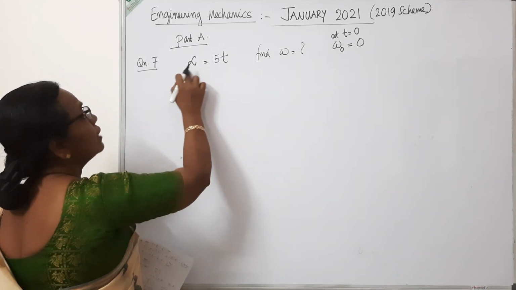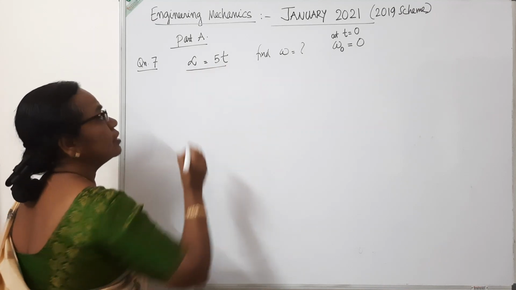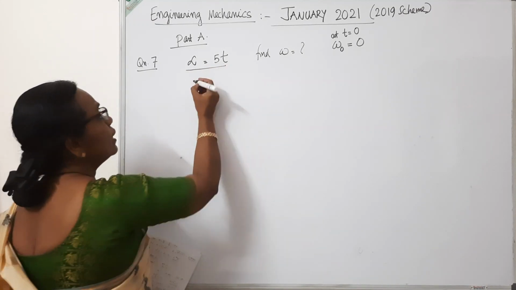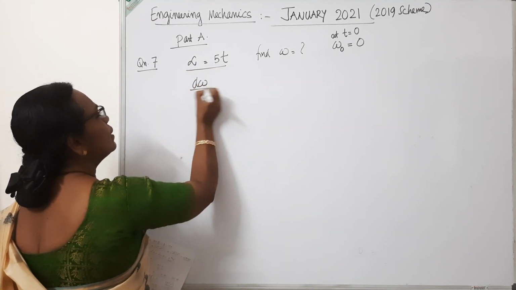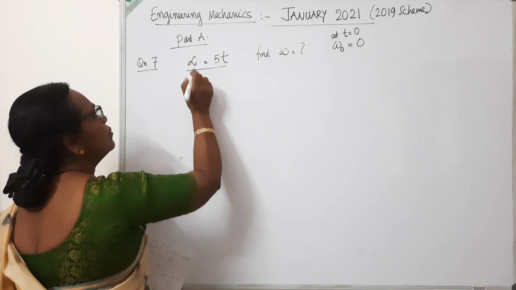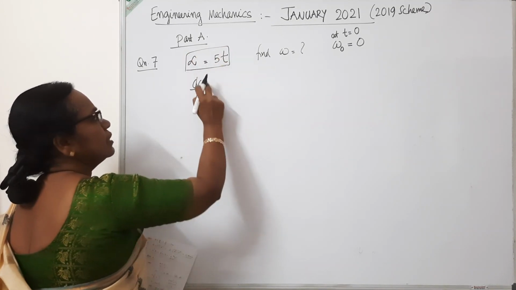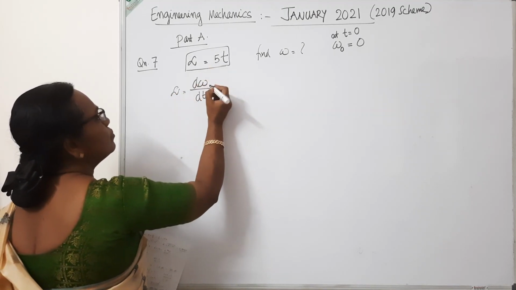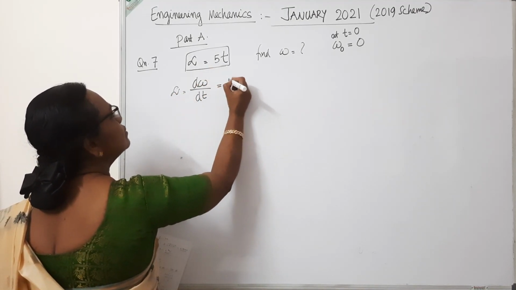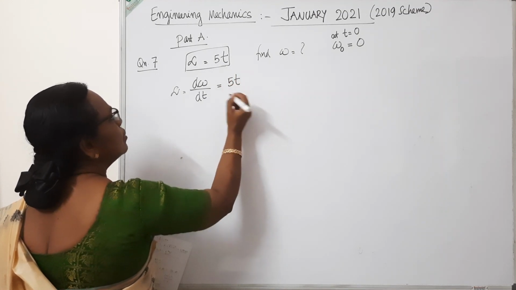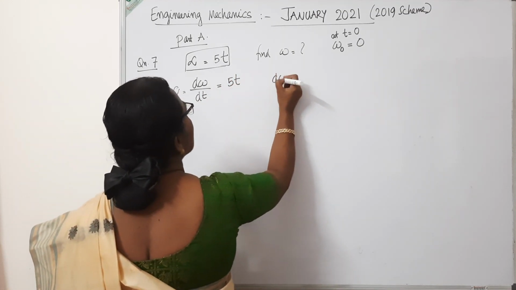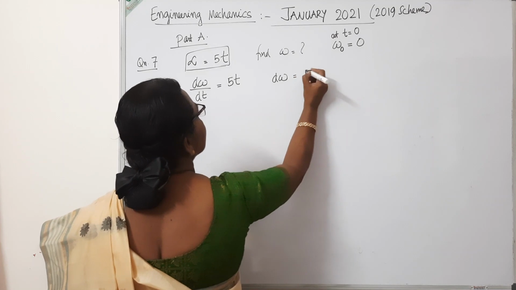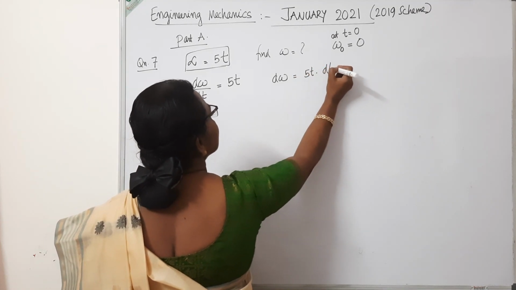Now, this is angular acceleration alpha. What is angular acceleration? It is d omega by dt. Rate of change of angular velocity is given by angular acceleration. So we can make use of d omega by dt equal to 5t. From this we can write d omega is equal to 5t dt.